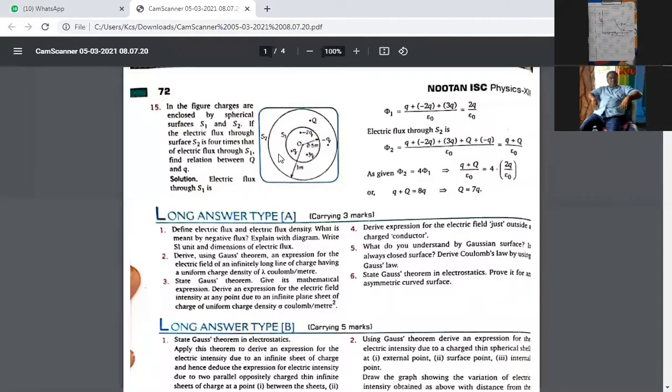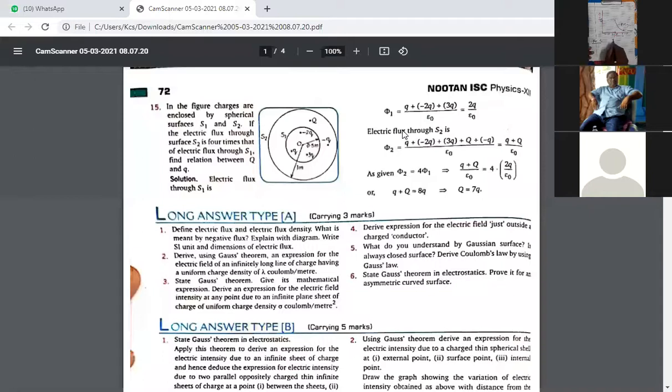S1 surface के अंदर क्या क्या चार्जेज है? Q है, 3Q है and minus 2Q. So what will be the Q in? 2Q. Q in will be 2Q. So what will be the electric flux here? 2Q upon epsilon naught.